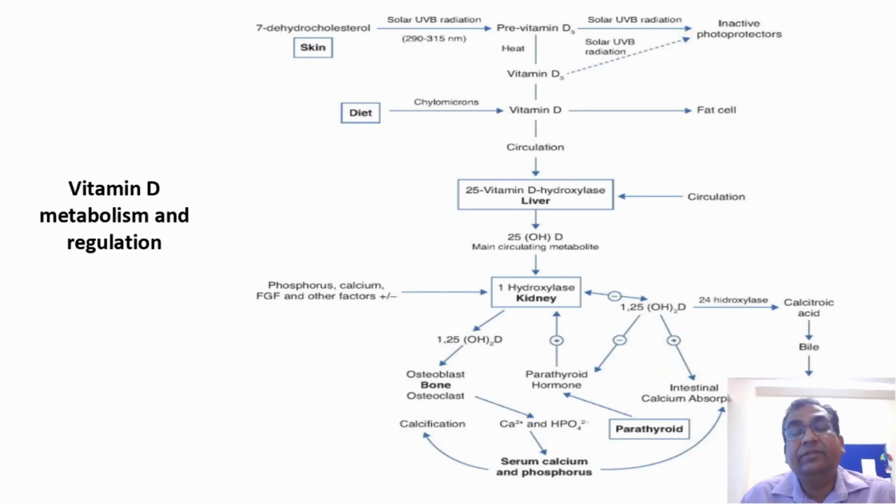The active metabolite which is generated eventually is 1,25-dihydroxycholecalciferol, which has a significant effect on the bones and also promotes absorption of calcium from the intestine. At all times this is also regulated by the serum parathyroid hormone level, and the inactive metabolite, 24,25 dihydroxy D3, is eventually excreted in the bile.